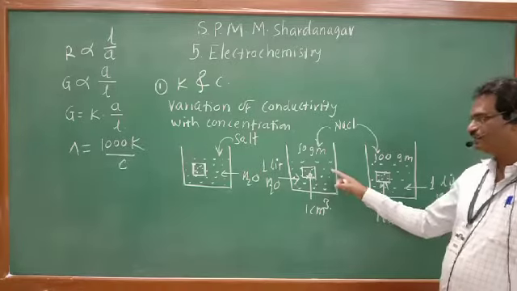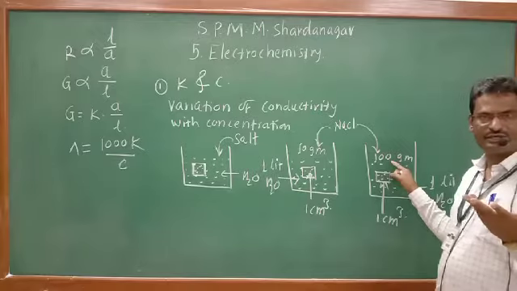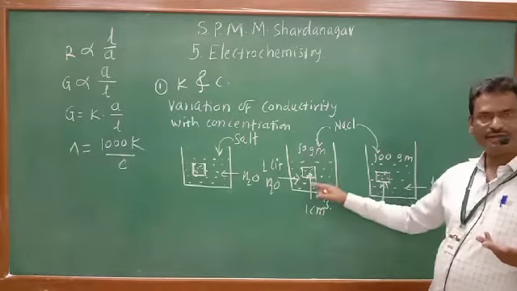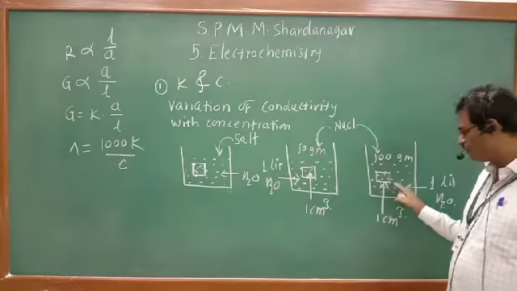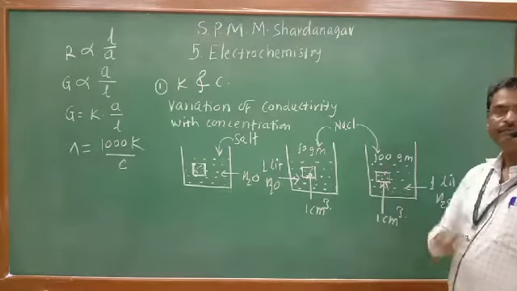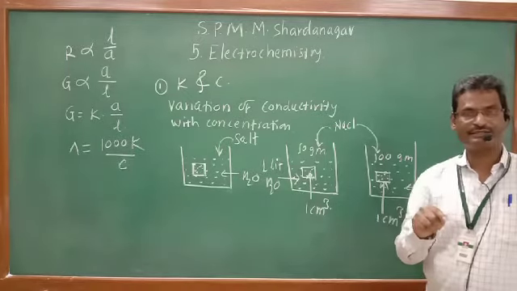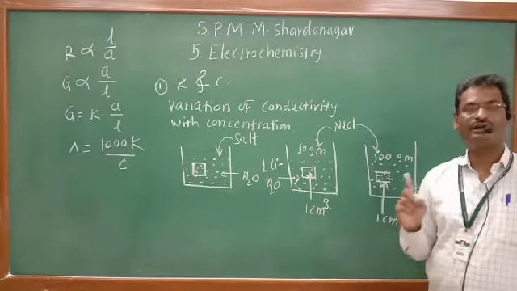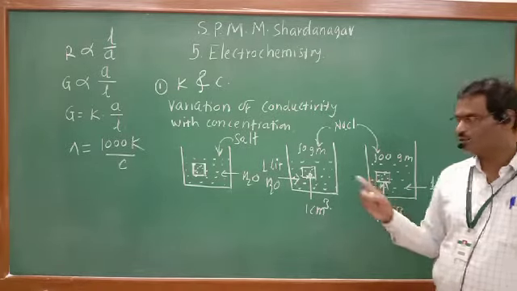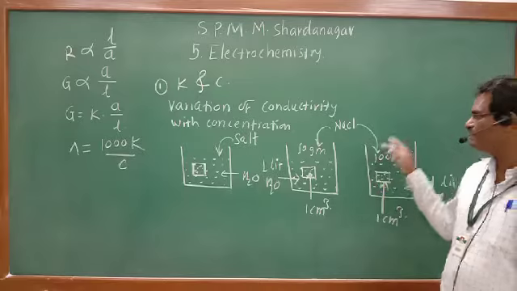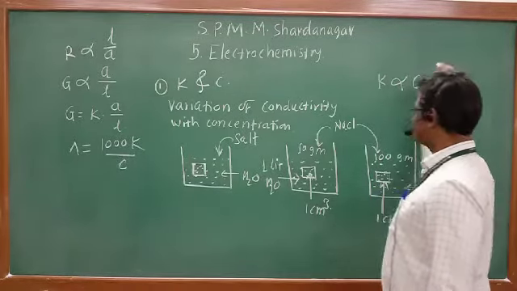Here we have increased the concentration. 100 gram means more concentration, 10 gram means less concentration. So with increasing concentration, number of ions present in 1 centimeter cube also increases. Therefore, conductivity also increases. So conductivity K is directly proportional to concentration C.